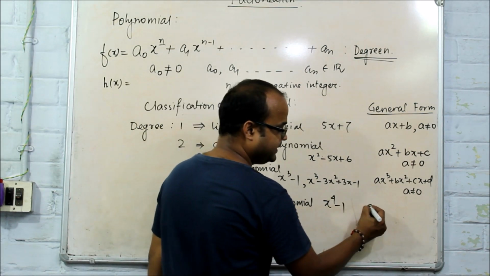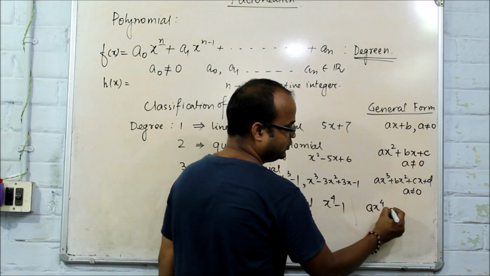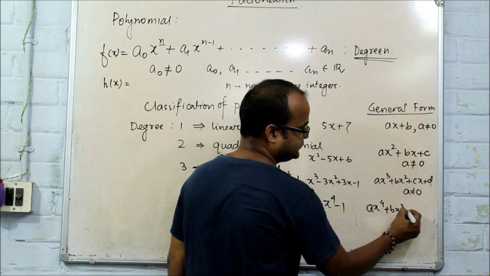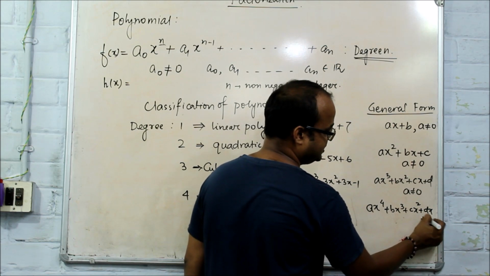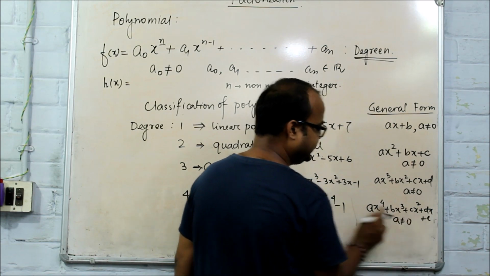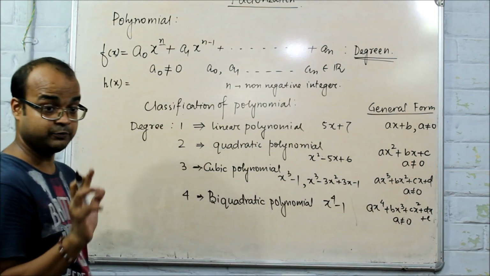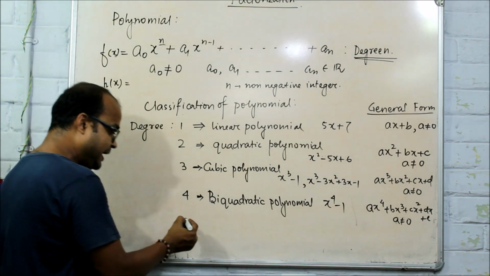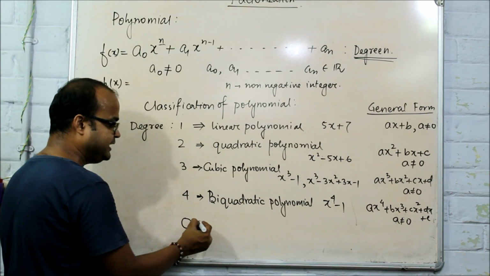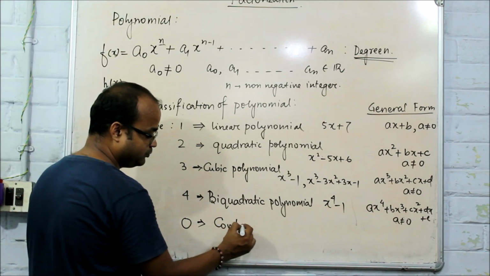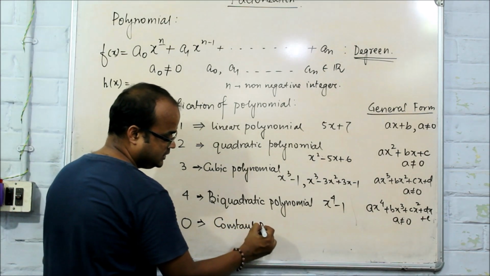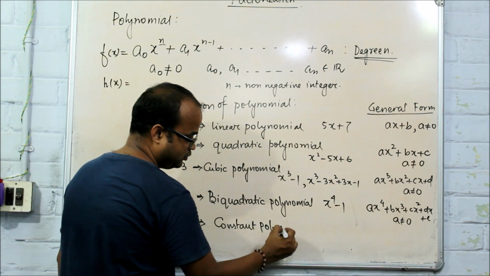The general form is ax to the 4 plus bx cube plus cx square plus dx plus e, where a is not equal to 0. The leading term we always make sure is not equal to 0. And what about a polynomial of degree 0? We call it a constant polynomial.